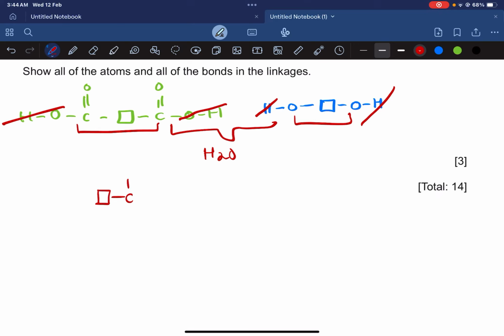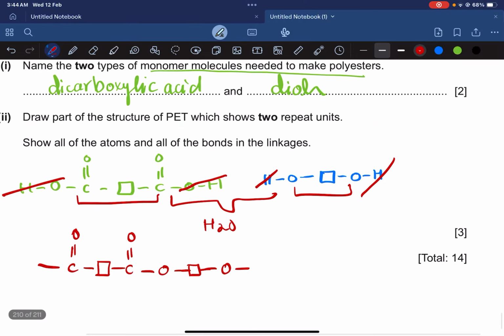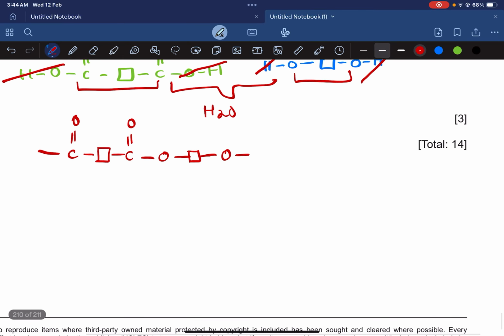C double bond O, that's going to be a C double bond O, 1 bond extended from here. Then it's going to be this diol part, which is going to be O. This again, it's going to be O. Then after O, you're going to draw another monomer because we had to draw 2 repeat units. This is the 1 repeat unit.